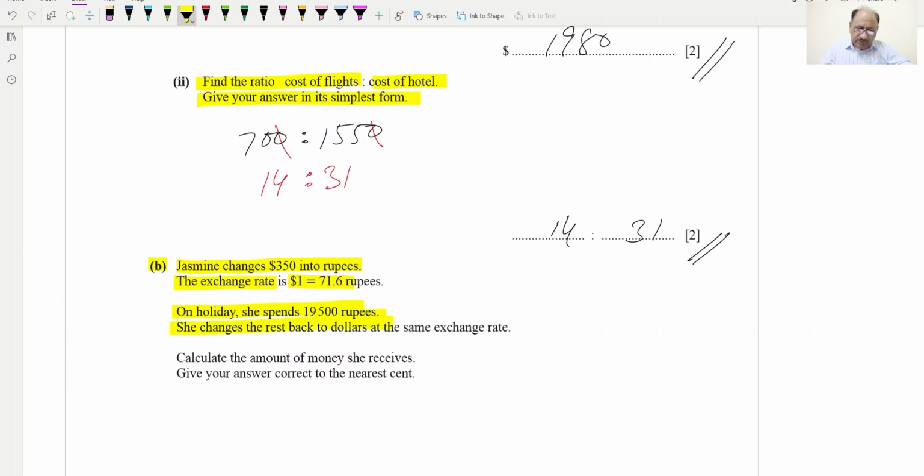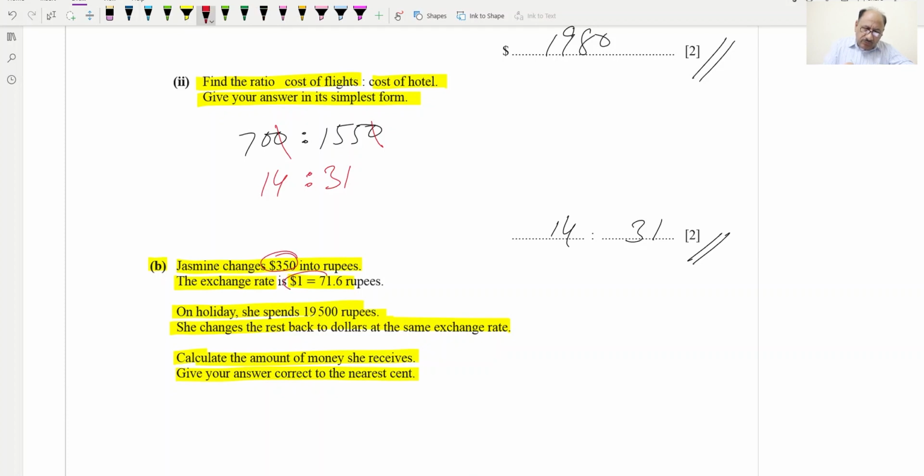She changes the rest back to dollars at the same exchange rate. So it is a double conversion: we have to convert from dollars to rupees, and then convert the remaining amount back into dollars. Calculate the amount of money she receives and give your answer correct to the nearest cent.